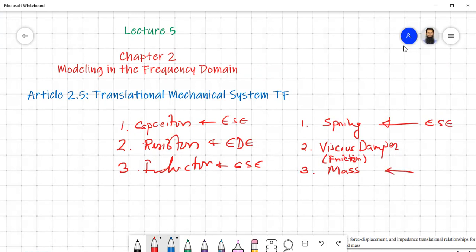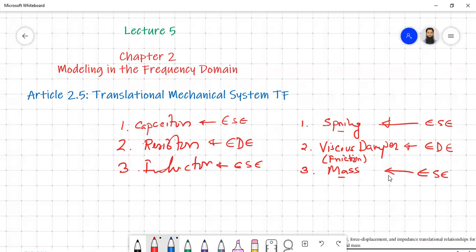The mass stores kinetic energy, and the spring stores potential energy. Just like the resistor in the electrical system dissipates energy, the viscous damper or friction does similar things. The resistor produces heat, and the friction also produces heat. So we have a lot of similarity between the 2 systems.